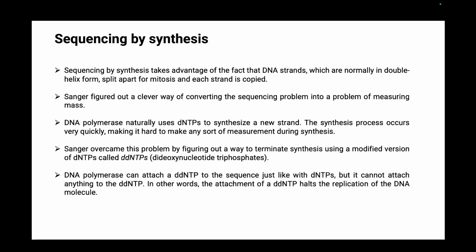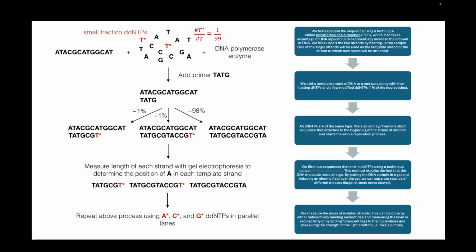So DNA polymerase can attach a ddNTP to the sequence just like dNTPs, but it cannot attach anything to the ddNTP. So basically, once a ddNTP has been added, the synthesis is stopped, and now you can measure the mass of the synthesized strand. This is the generalized overview of how sequencing by synthesis occurs.